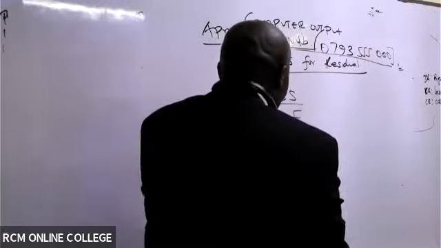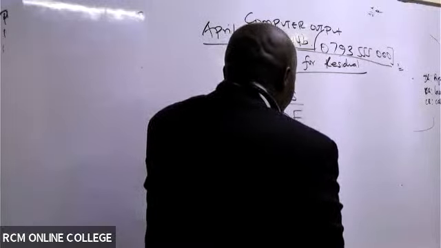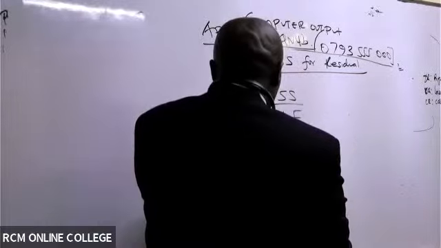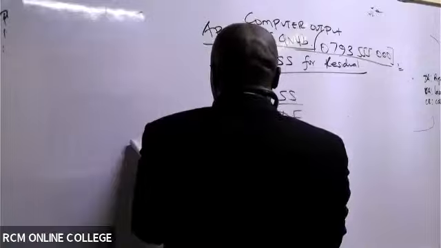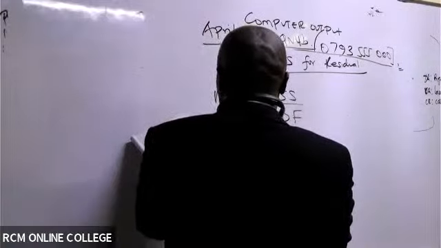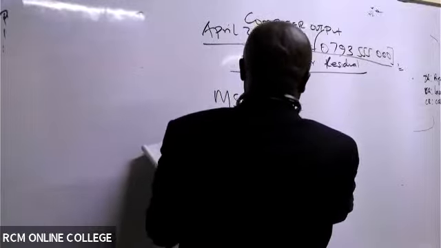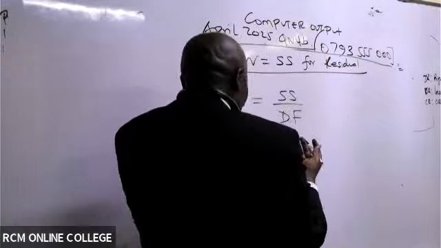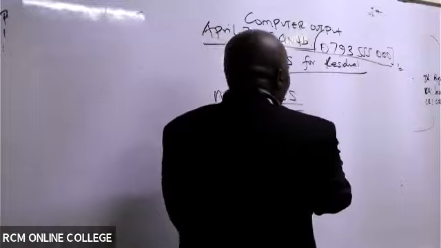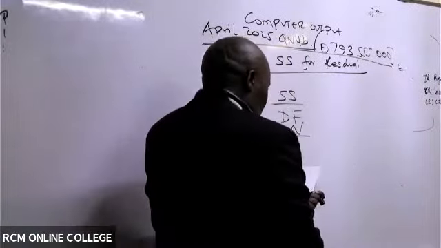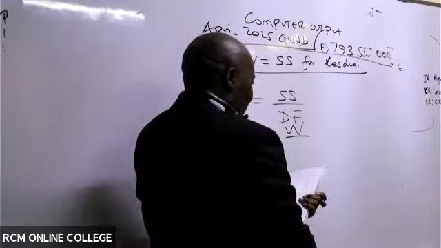So for residual, we know the mean sum of squares is 5739.99, which equals SS for residual, which is not known, which is our unknown, our W, all over degrees of freedom, which are what here, somebody?